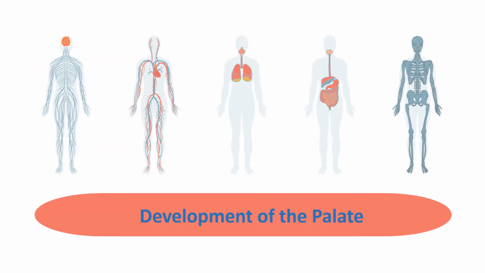All right then, so now that we've reached the end of the section on the development of the tongue, just to summarize real quick what we've discussed so far: the tongue basically develops from contributions from those first four pharyngeal arches.